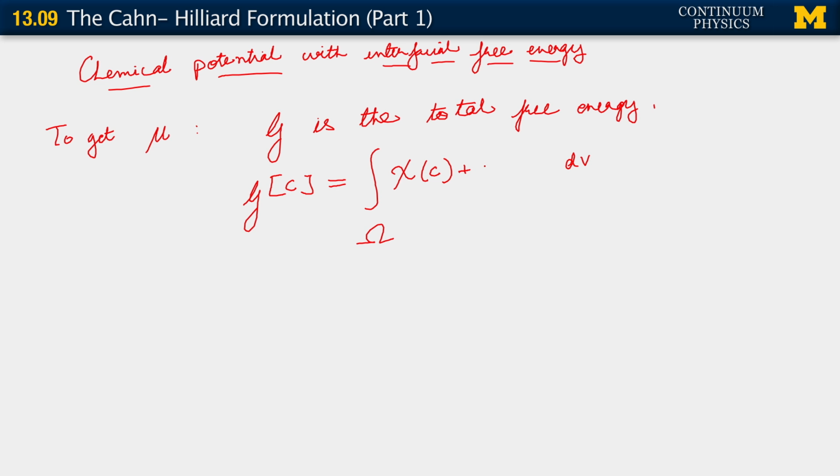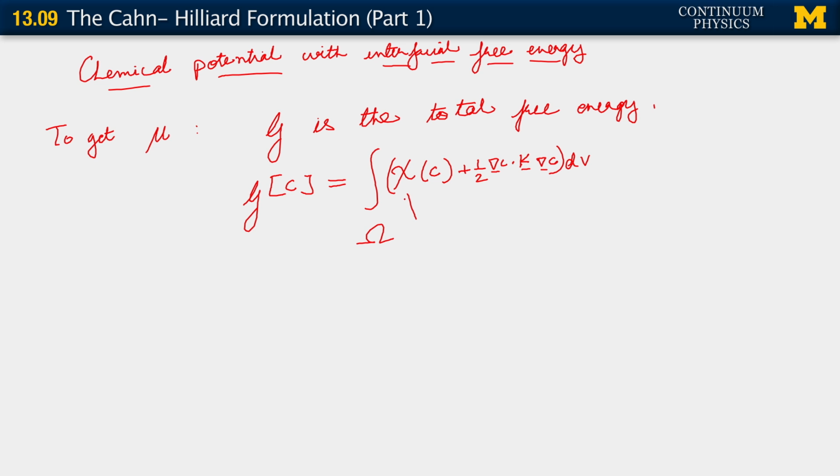We need to include the effect of our concentration gradient based representation of the interfacial free energy. This is what we have. And then we're going to work with this.